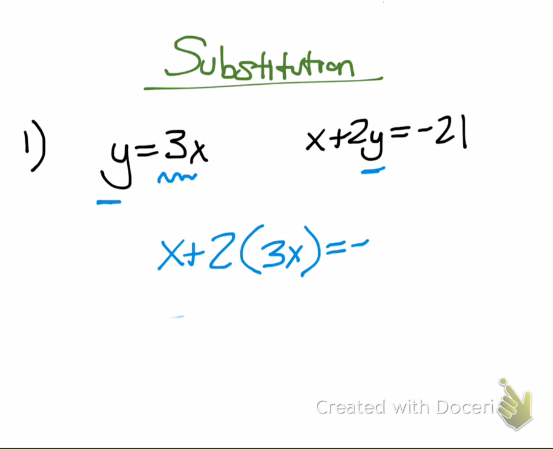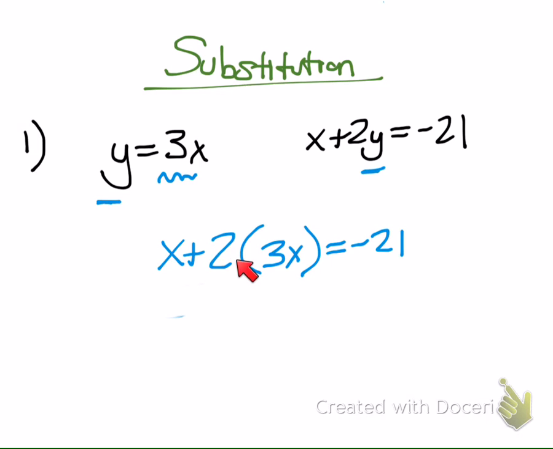And I'm going to rewrite everything else the exact same way. Now, one important thing to remember is every time you substitute into another equation, you have to put it in parentheses, always. It's going to help you keep track of negatives, remember multiplication, if there's exponents. Every time you substitute, you have to put it in parentheses. So all I did was I substituted for y. In place of y, I put what it's equal to. I put 3x. And then we can simplify this equation to solve for x.